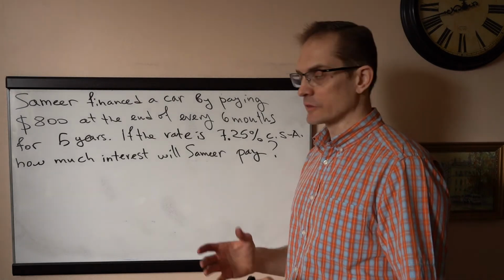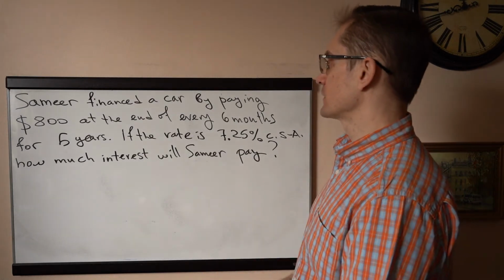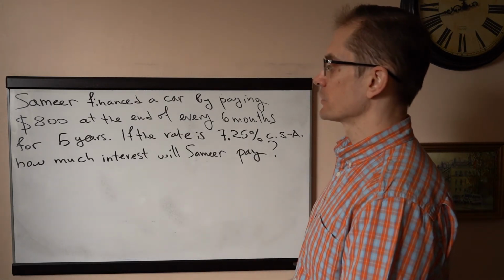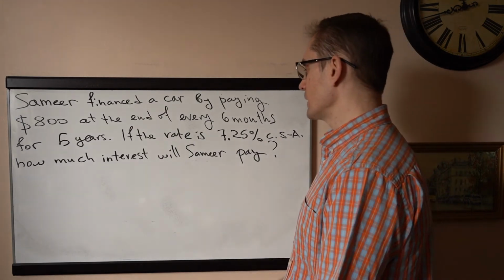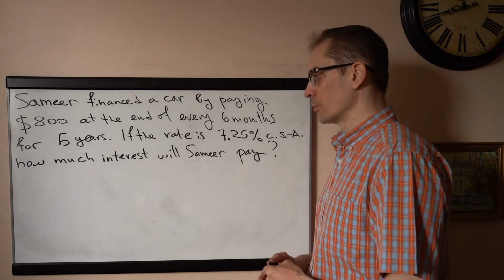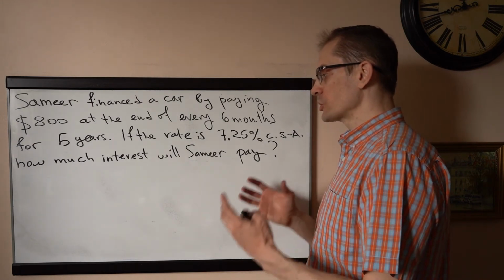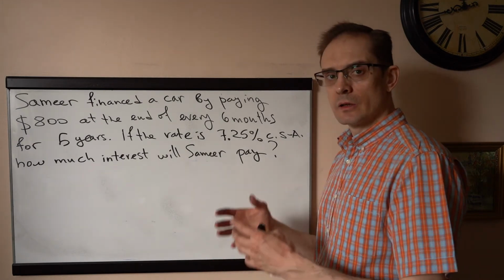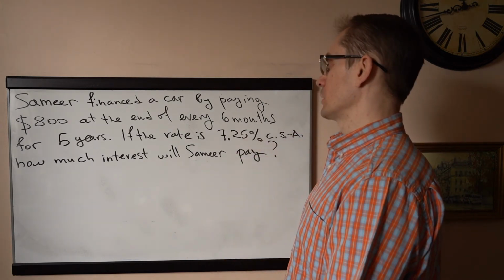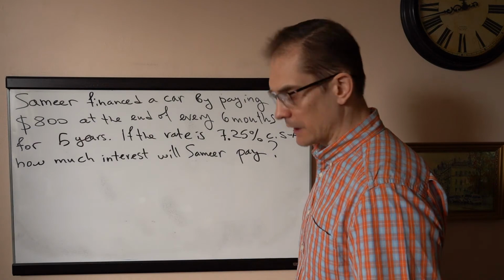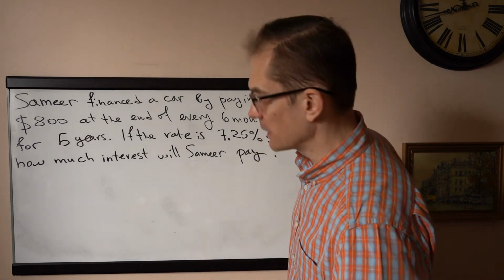Okay, here is our next problem. Samir financed a car by paying $800 at the end of every 6 months for 5 years. If the rate is 7.25% compounded semi-annually, how much interest will Samir pay for this arrangement? So in this problem, again, let's very quickly analyze the problem.